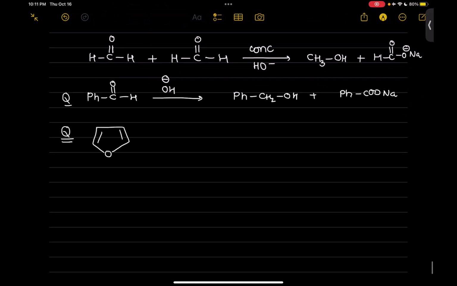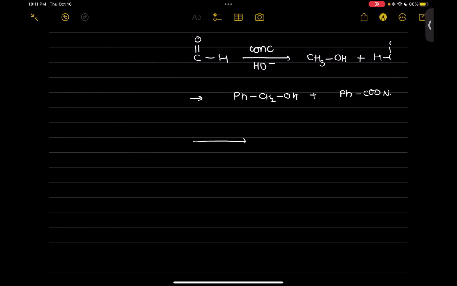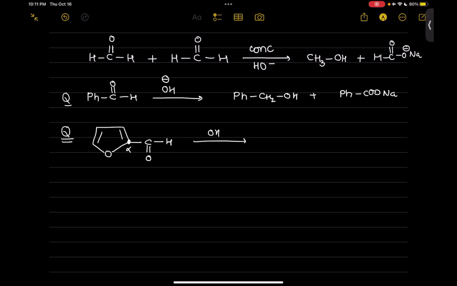If any complex aldehyde is given, don't get intimidated by the structure. Very simple. You just need to know that this is an aldehyde which does not have any alpha hydrogen; the alpha carbon is there, but it doesn't have any hydrogen. So it is going to give you the Cannizzaro reaction, not the aldol condensation reaction. The product formation is very simple.